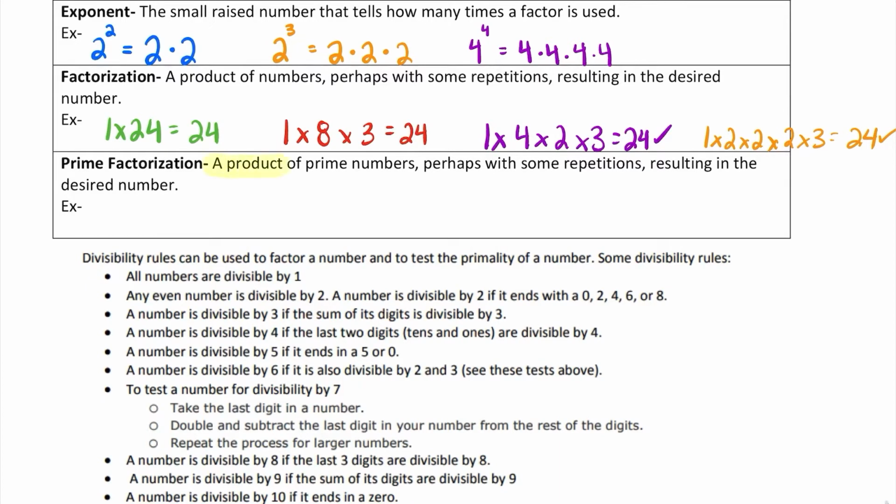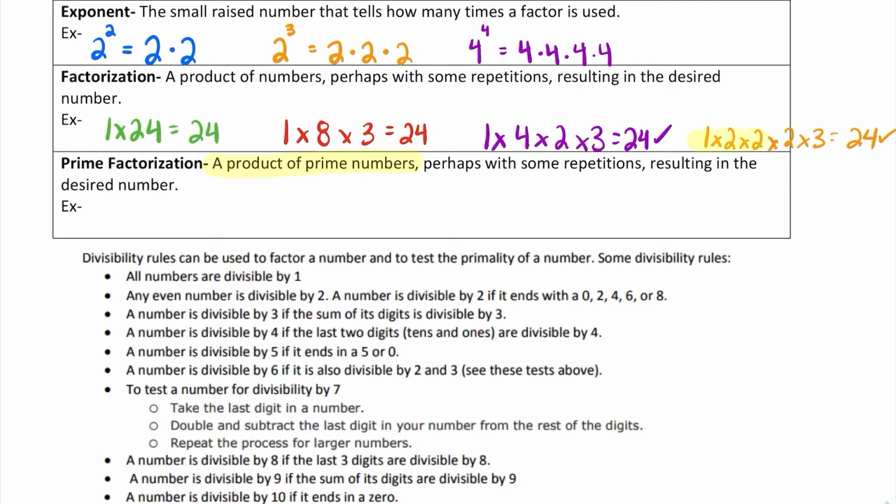Right here, I'm going to highlight it. It's a product of prime numbers. Now, I want you to take a look at the examples that we wrote. Which one of these looks like a product of prime numbers? In other words, which multiplication sentence has only prime numbers?